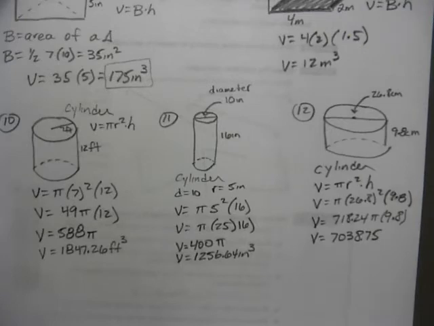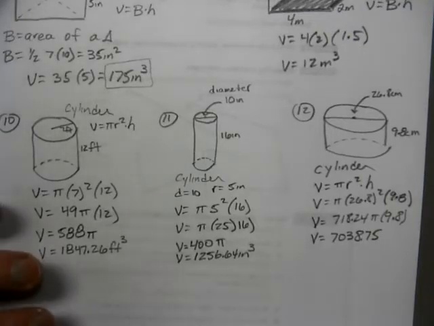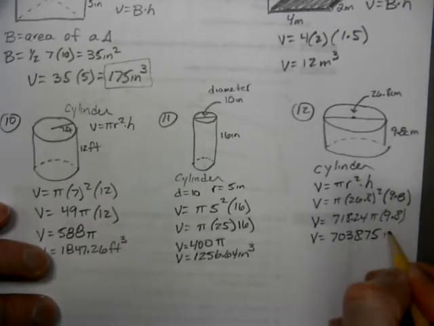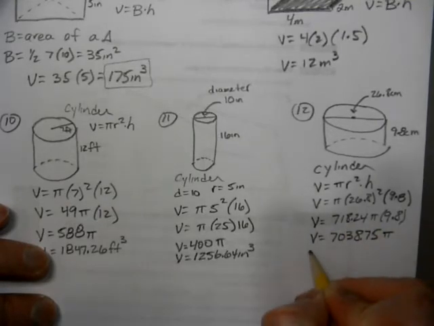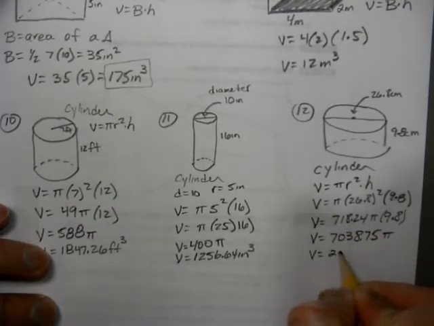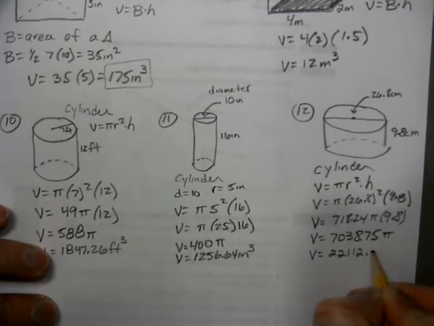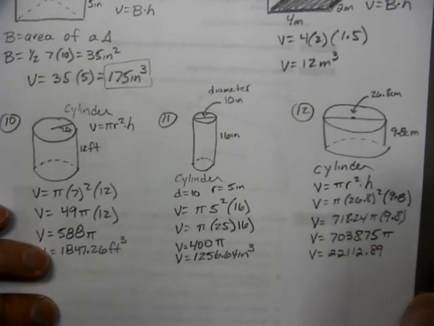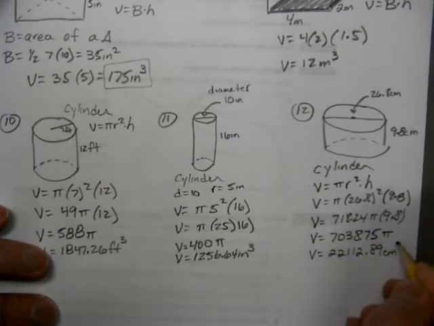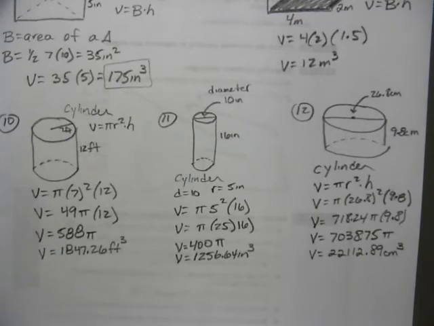And if we want it rounded to the nearest hundredth, then we multiply that by pi, which gives us a value of 22,112.89. These units are centimeters, so that's cubed because it's volume.